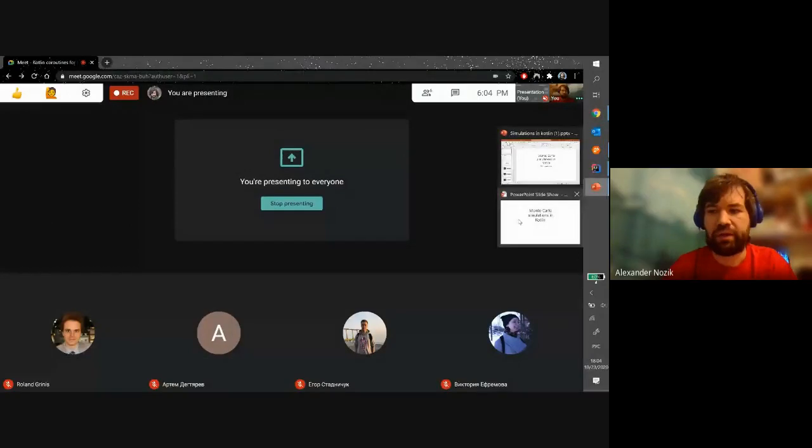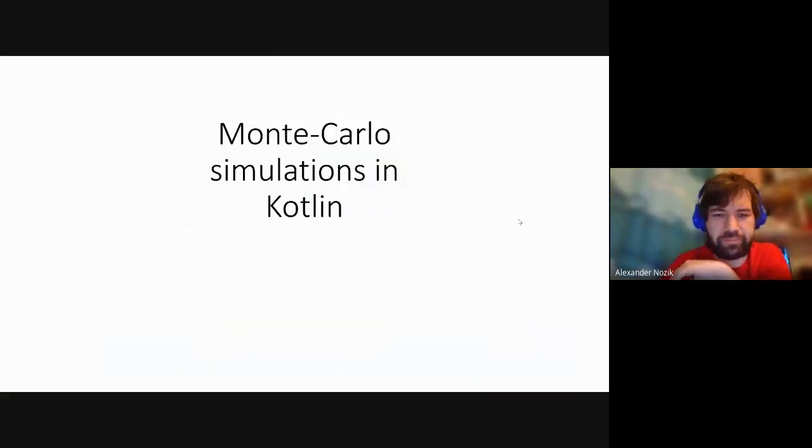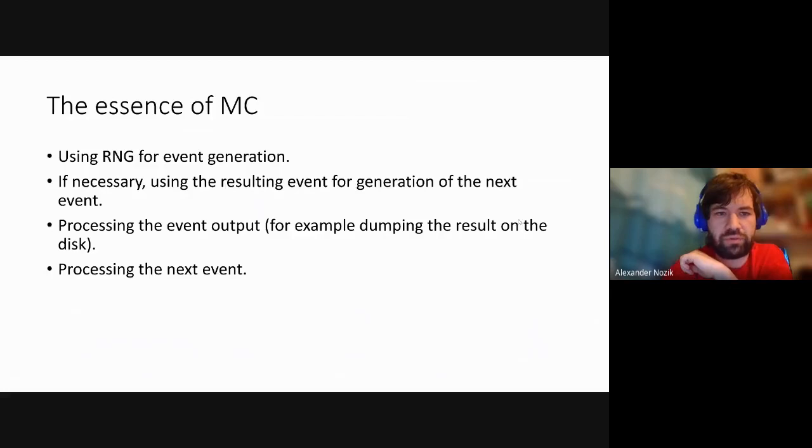Okay. Now a little bit of theory about Monte Carlo simulations and some problems we encounter with them. First of all, what is the essence of the Monte Carlo simulation? At least in physics, of course, we have a broad range of different applications of Monte Carlo, but usually we just use a random number generator to generate some kind of event.